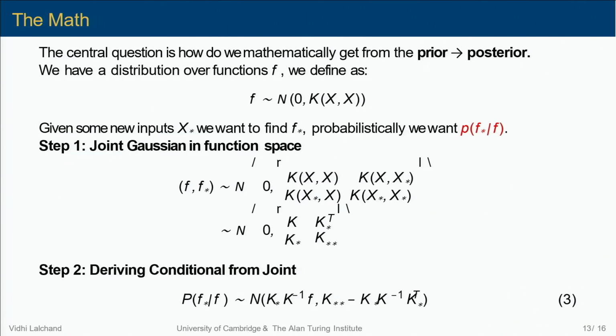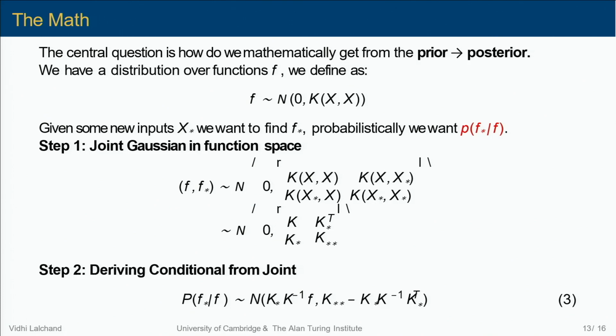The R over there is actually just a bracket. There are only 2 steps in going from the prior distribution to the posterior distribution. We have a joint Gaussian distribution, and once we've defined it, we just go from the joint Gaussian to the conditional Gaussian using the rules of manipulating Gaussian probability distributions, which is very standard.